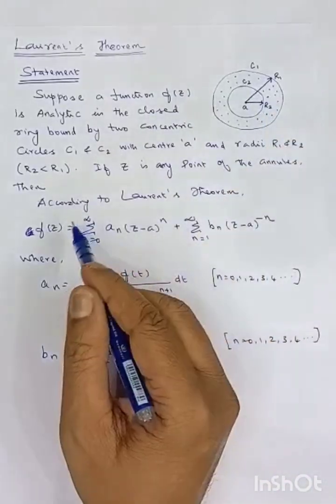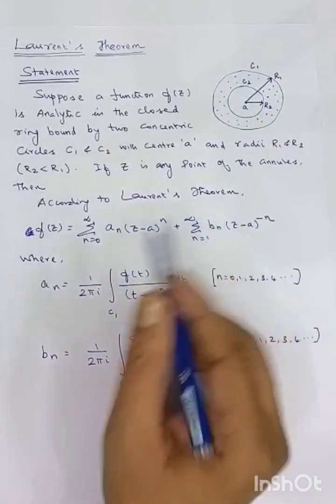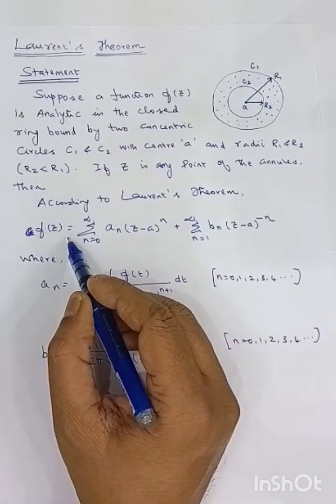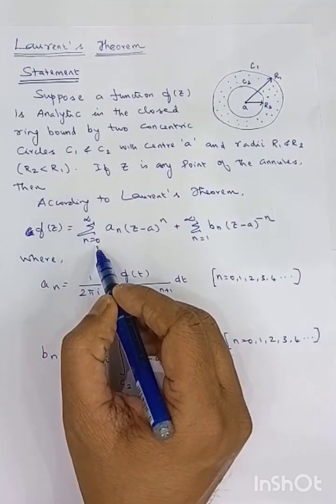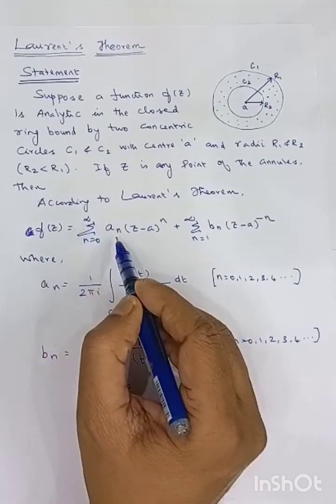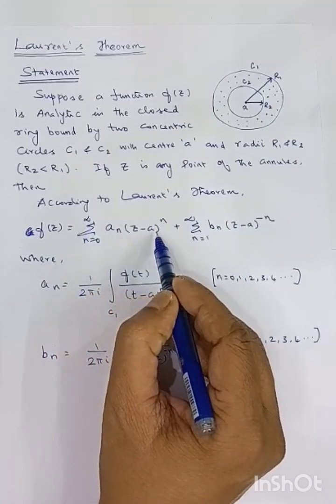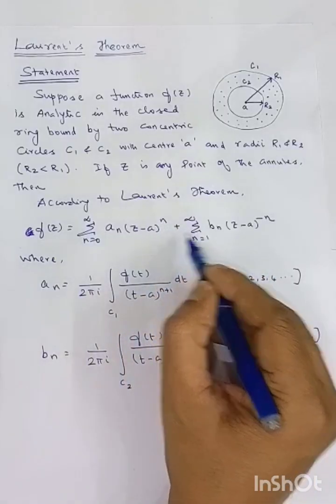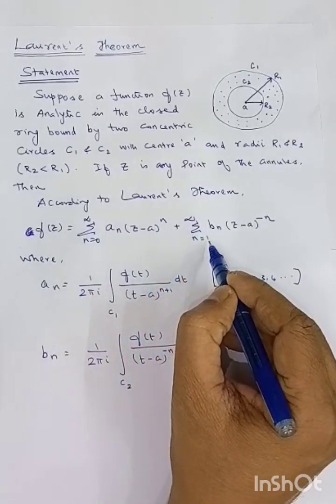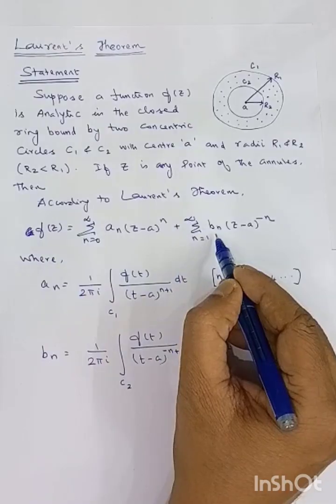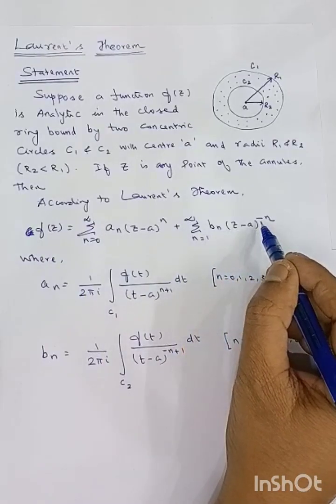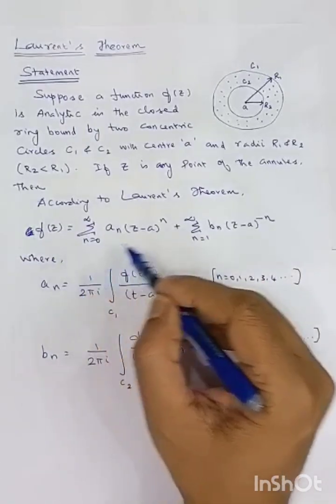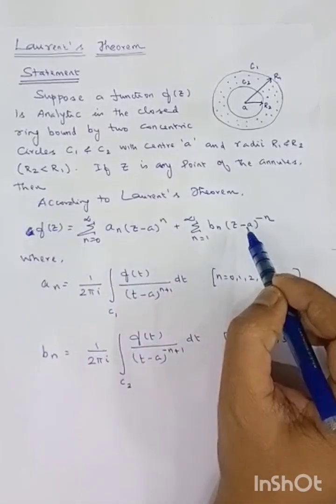According to Laurent's theorem, f of z is equal to summation of n is equal to 0 to infinity a n (z minus a) whole power n, plus summation of n is equal to 1 to infinity b n (z minus a) whole power minus n. So this is the Laurent equation.